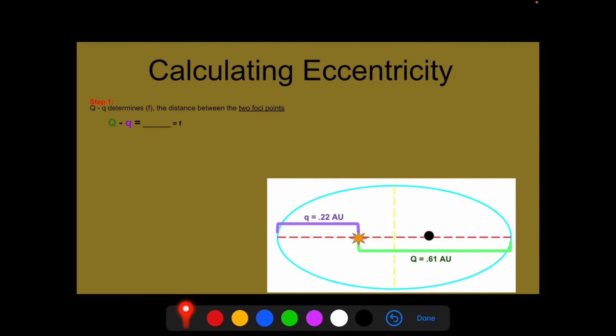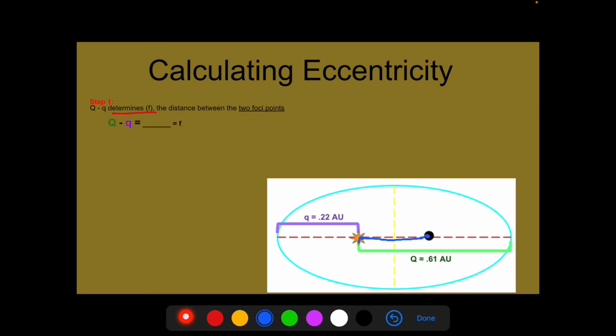So we're looking at capital Q first. Let me back up. This is going to help us determine F, which is the distance between the two foci points. Essentially, we're trying to find this measurement right here, from focus to focus.